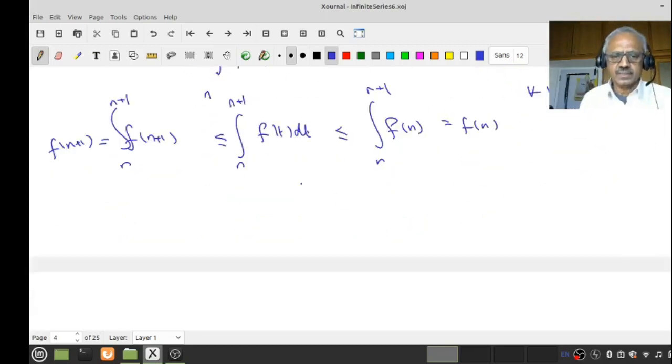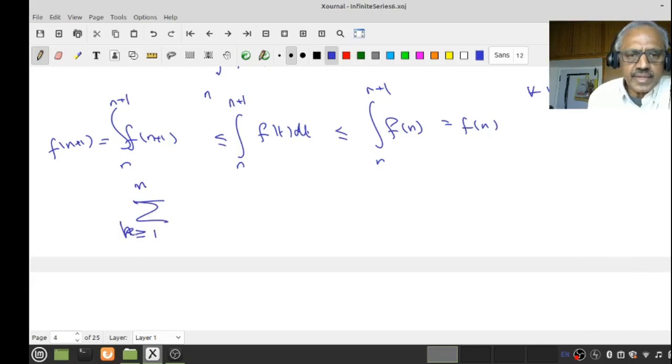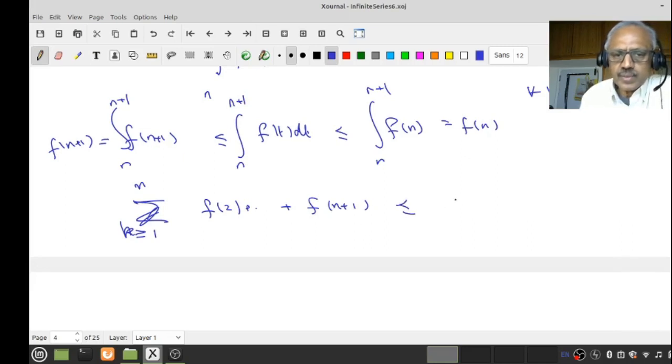Therefore now let me sum it. If I sum over k from 1 to n, what do I have here? I have f(2) plus up to f(n+1), when k equals n, that will be n plus 1. That will be less than or equal to the integral from 1 to n plus 1 of f(t) dt.